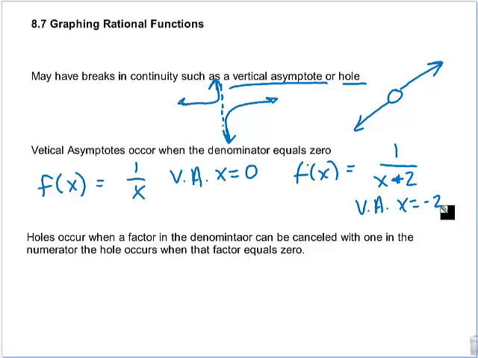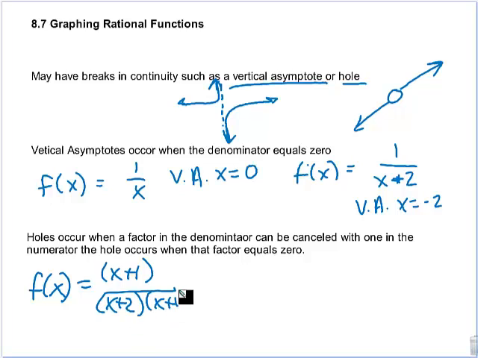Now, holes are going to occur when you factor the numerator and the denominator and something cancels. Holes are going to happen wherever that value cancels. So for example, if I have f of x is equal to x plus 1 over x plus 2 times x plus 1. Okay, so it's already factored out. This is our function.